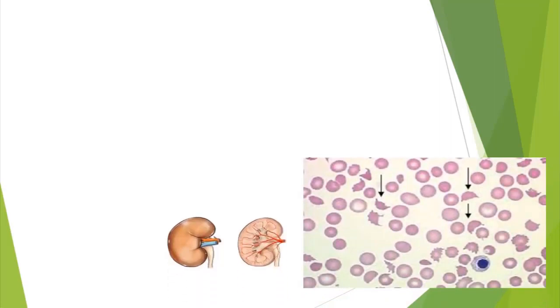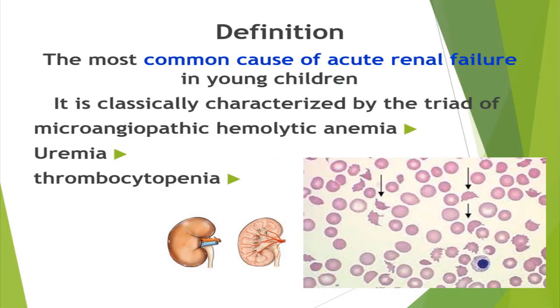In these two slides, I want to summarize what we are going to talk about. One of them shows a complete blood picture film with fragmented RBC. This is the usual blood film in patients with hemolytic uremic syndrome. It is one of the most common causes of acute renal failure in young children, characterized by a triad of microangiopathic hemolytic anemia, which we can see in this small picture.